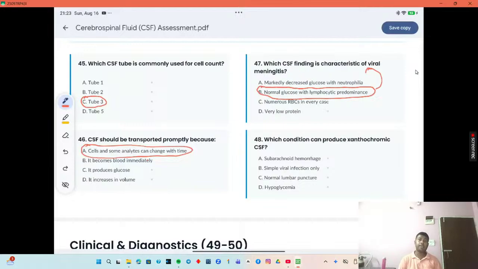So for viral meningitis, it will be normal glucose with lymphocytic predominance. Which condition can produce xanthochromic CSF? It will be subarachnoid hemorrhage. The right answer of this question will be subarachnoid hemorrhage.